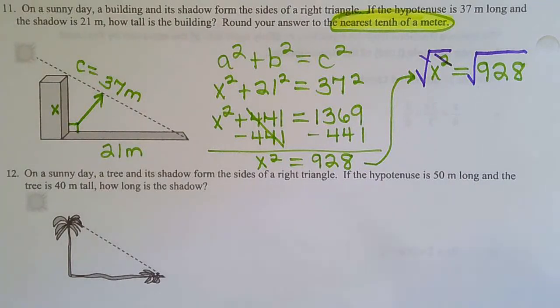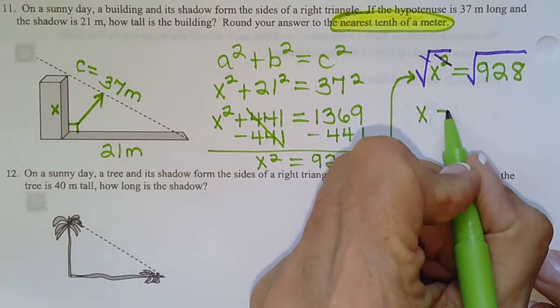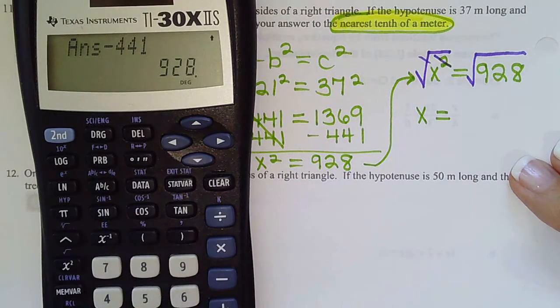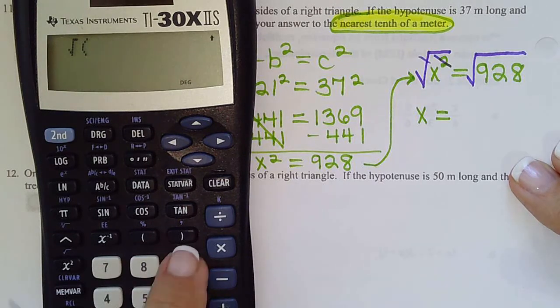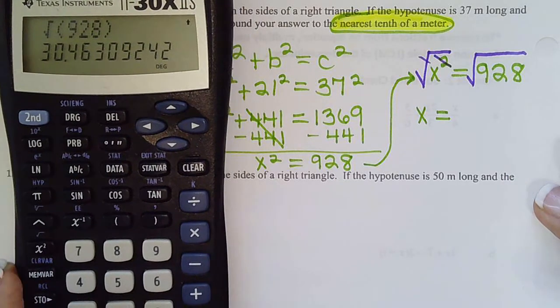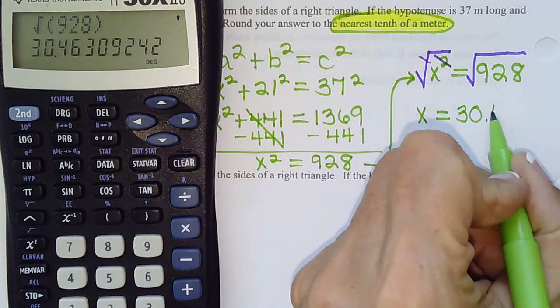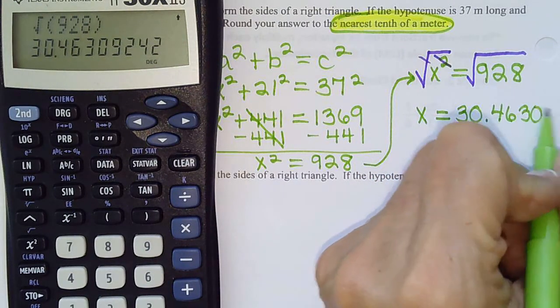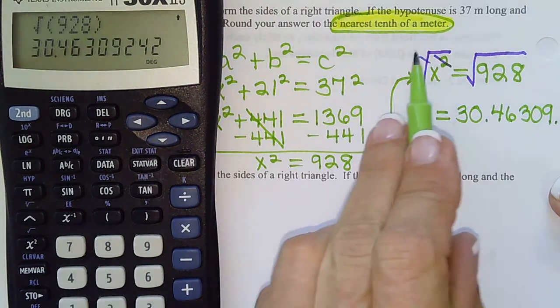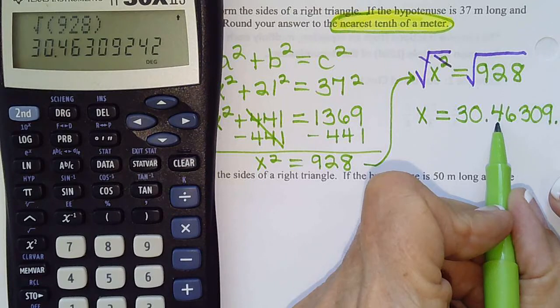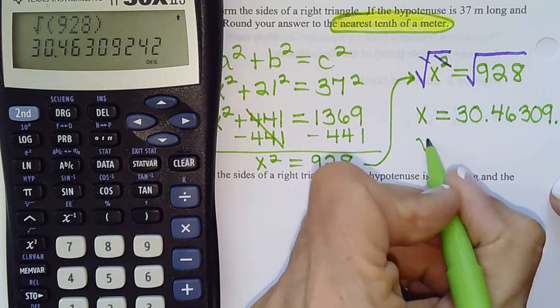So then we get X equals, and this is when we go into the calculator. So second square root 928, close our parenthesis, and we get 30.46. Okay, and now it says nearest tenth, so we look at our tenths place, which is 4. 4 followed by a 6 says turn it into 5.